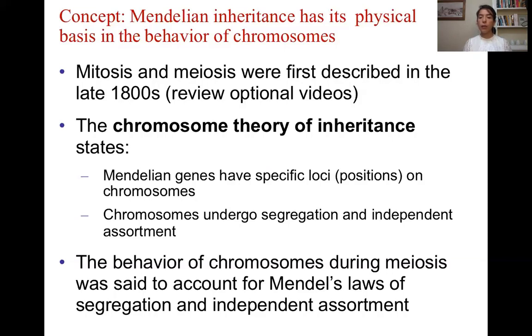Okay. The chromosome theory of inheritance states the following: that the Mendelian genes have specific loci or positions in the chromosomes. So that means specific genes have a position in a chromosome, and that the chromosomes undergo segregation and independent assortment.